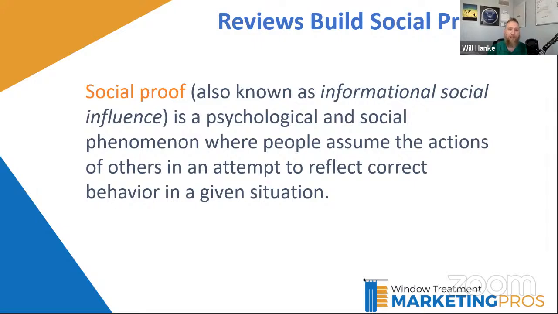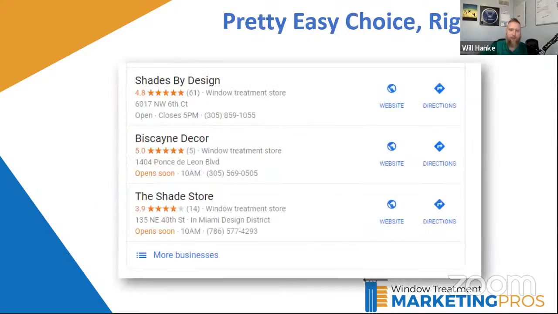The same thing is definitely true when people are comparing reviews. When they look at these different reviews, they make assumptions because of that. So here's an example: Shades by Design, 61 reviews with an average 4.8 stars. Then we've got Biscayne Decor, 5 5-star reviews, still fantastic.